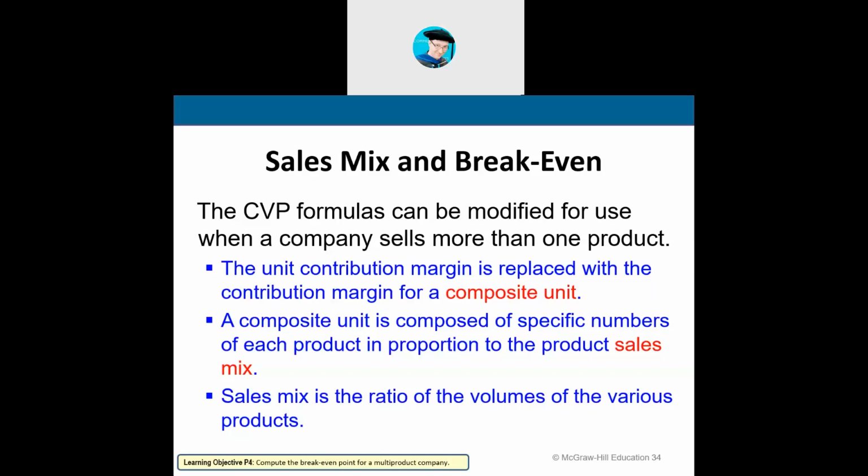We still need to find a point of break even if we sell a lot of different products. We do that by finding the break even point through cost volume profit analysis. We look at the unit contribution margin and replace it with the contribution margin for a composite unit, or a number of different products, I should say, which represents the sales mix.